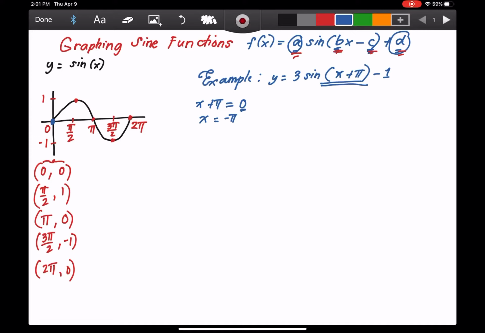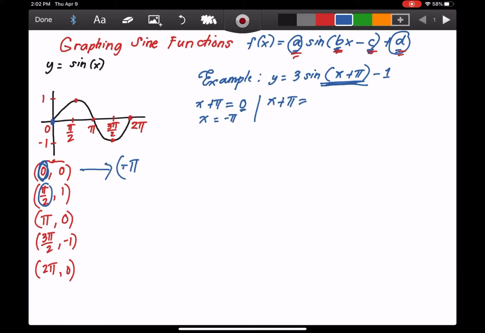Okay, not at 0. So therefore, these x values here will be transformed, all the x values here. So from there, instead of 0, that 0 becomes negative pi. Okay, so now where do we end the graph? Same procedure, we still get x plus pi. And where do we equate that?